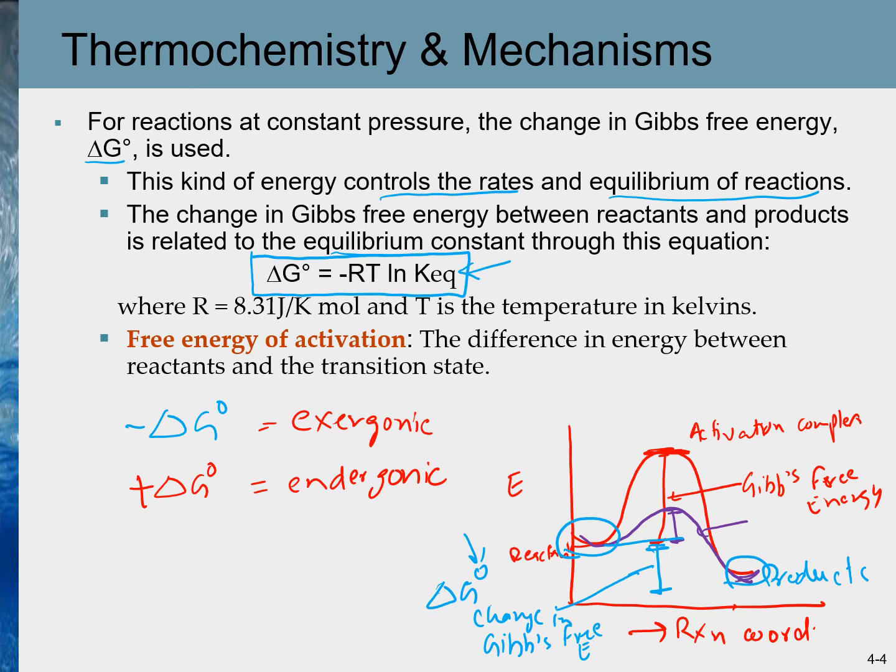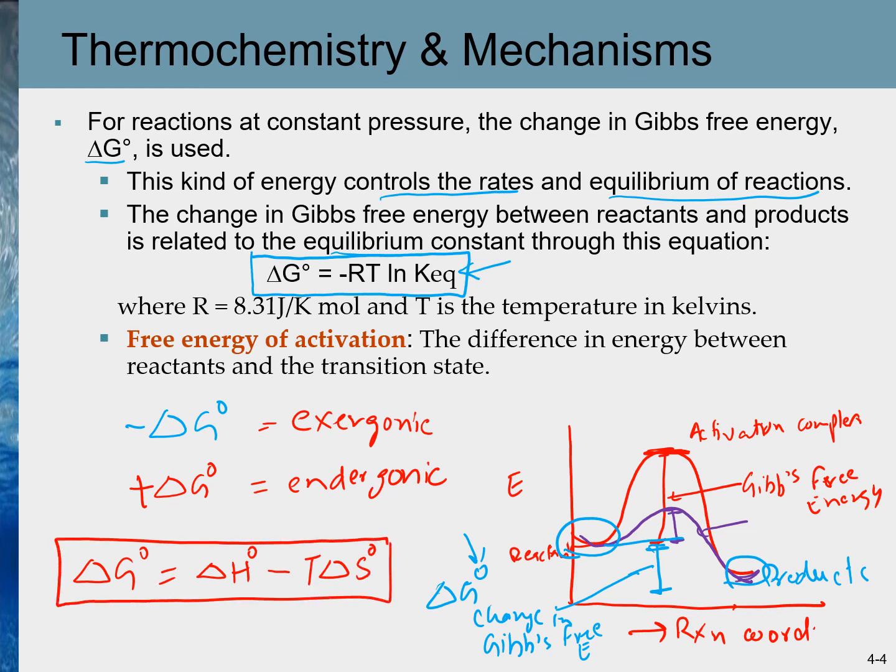The change in free energy, delta G, is a function of enthalpy, which is delta H, and entropy, and it is given by this equation. So in order to calculate the delta G of a reaction, we need to look at delta H of that reaction and the change in entropy. Not all energy releasing reactions will be spontaneous, because if they lead to a large negative delta S value, they may still end up non-spontaneous.